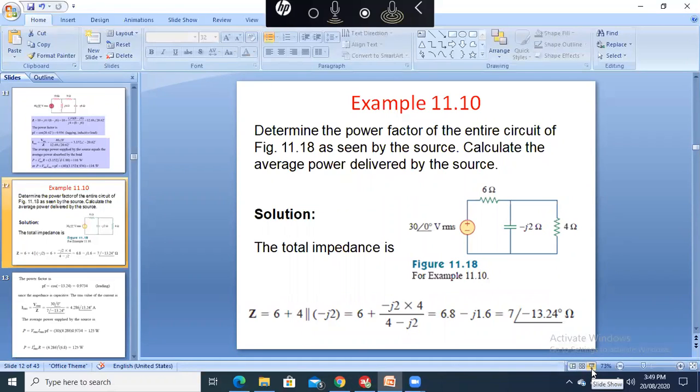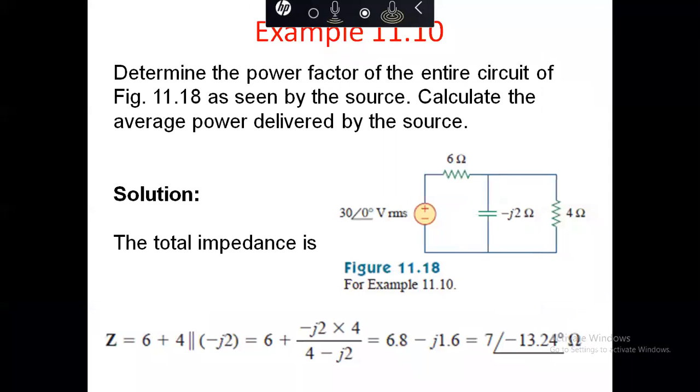In this we have to calculate the power factor of the entire circuit, and we also calculate the average power delivered by the load. So this is the third example which I have given you as an assignment.